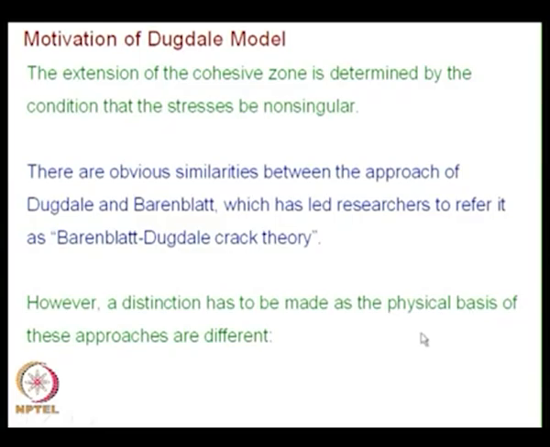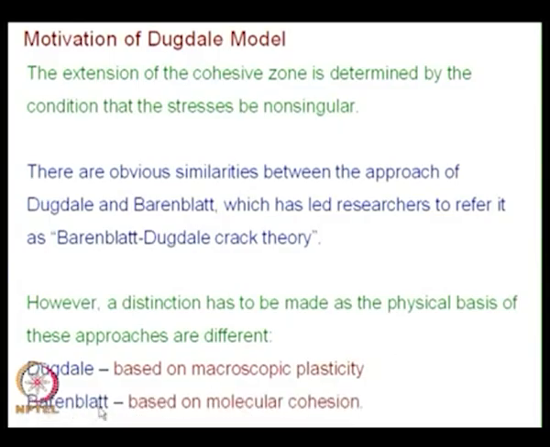In fact, all of this we had discussed towards the end of last class. This is only for recapitulation. The physical basis of Dugdale's model is macroscopic plasticity. On the other hand, Barenblatt theory is based on molecular cohesion.